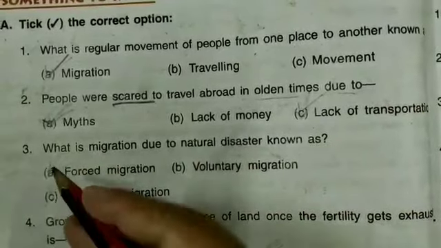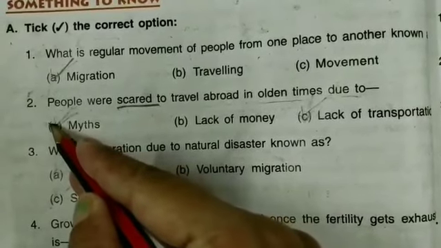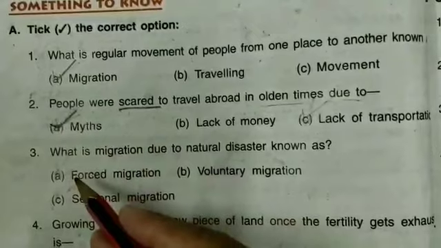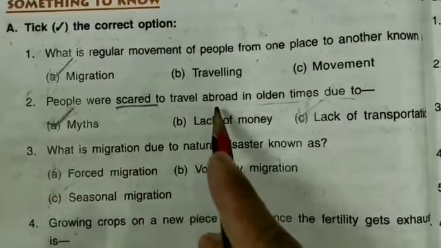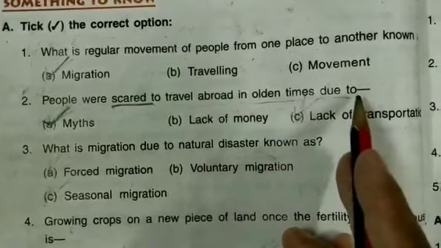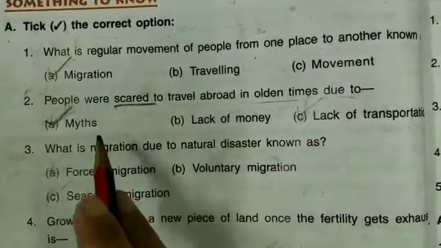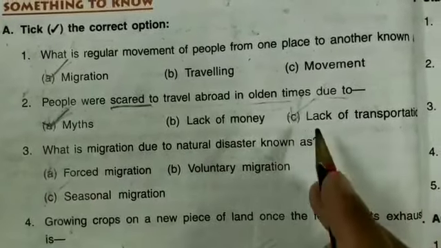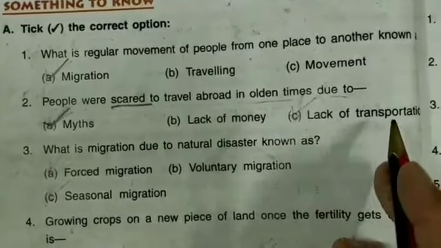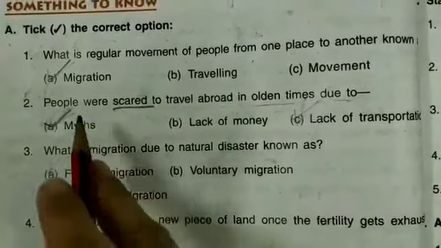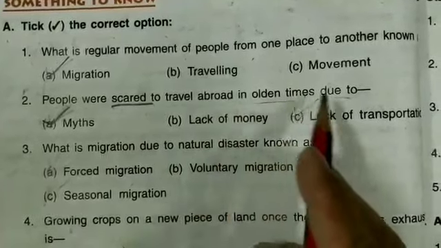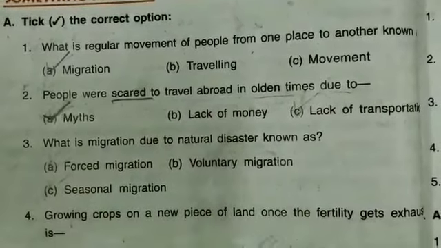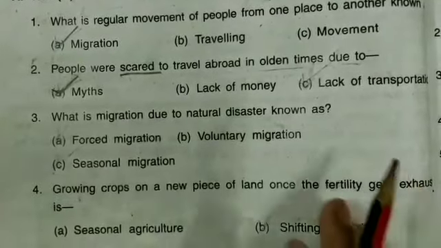The answer is A. myths. They were scared to travel abroad in olden times due to myths. There was also a lack of transport, but in our book it is given that people were scared to travel abroad due to myths, which we have discussed.